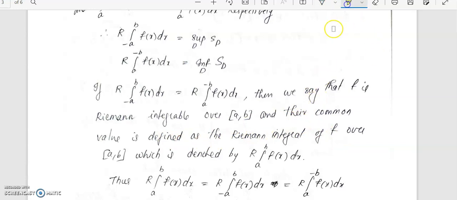So their common value is defined as the Riemann integral of f over closed interval a b, usually denoted by R integral a to b f of x dx. So this is the value of R integral a to b f of x dx.